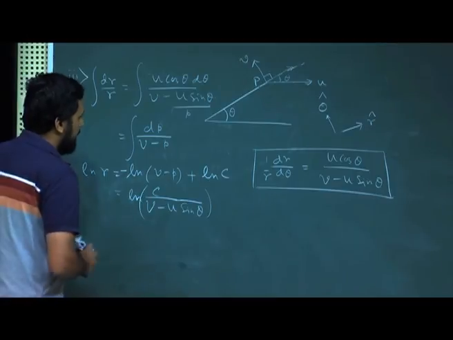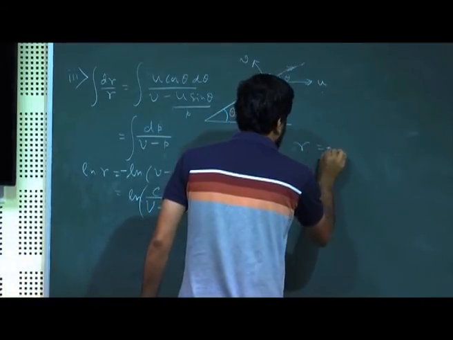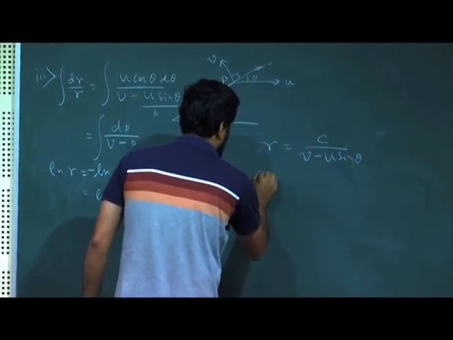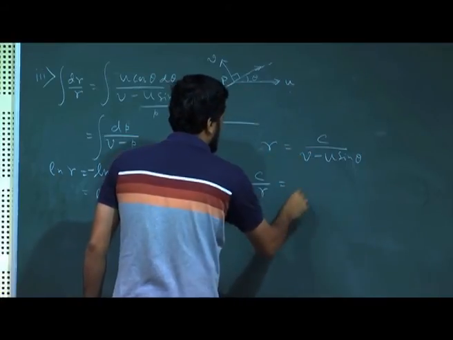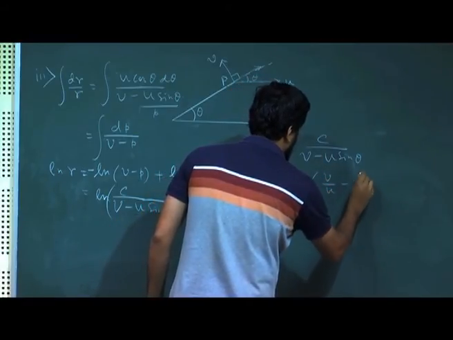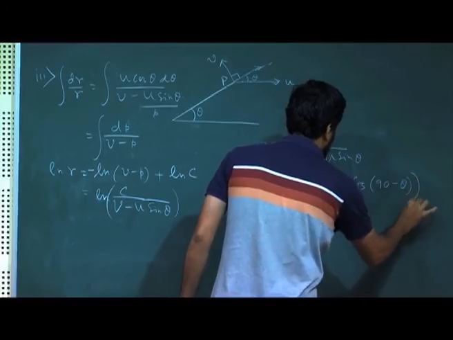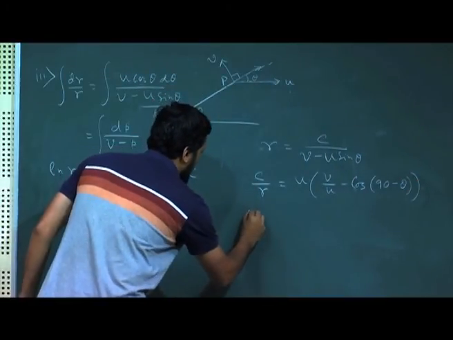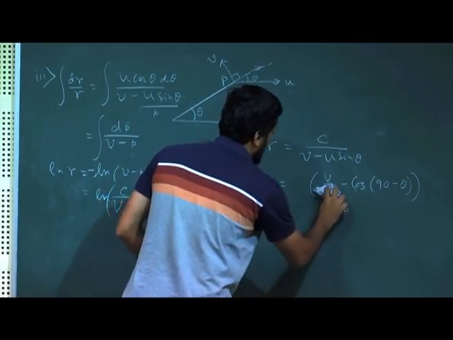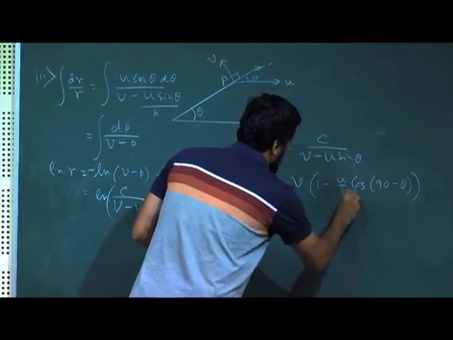So, if we simplify, we immediately get r is equal to c by v minus u sin theta, or c by r is equal to v minus u sin theta, which is v by u minus 1 minus cos of 90 minus theta, okay, or L by R is equal to, oh sorry, it has to be V, not U. So, if we take V out, it will be 1 minus U by V, right.